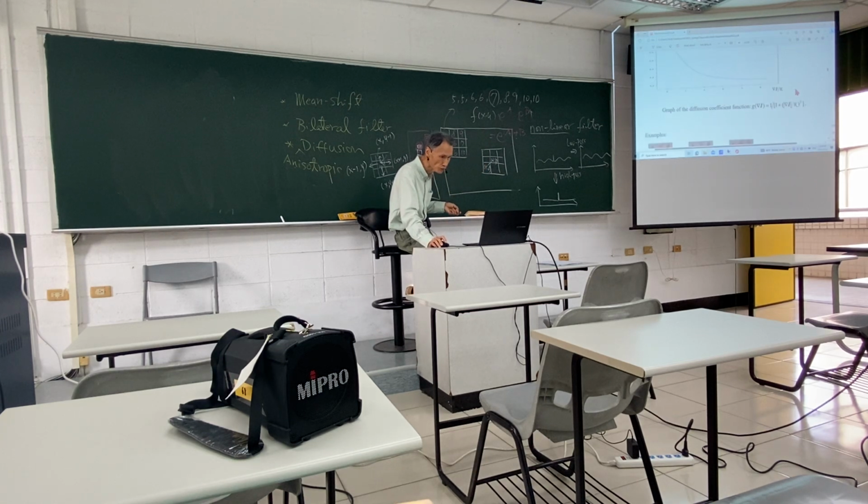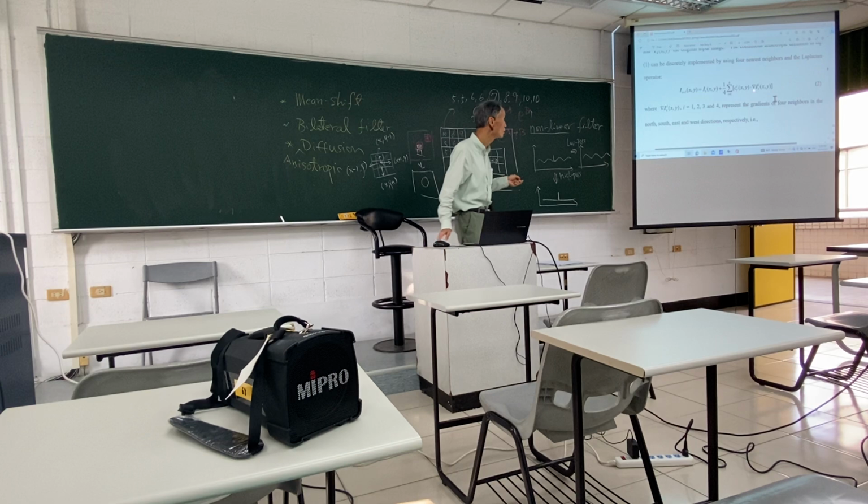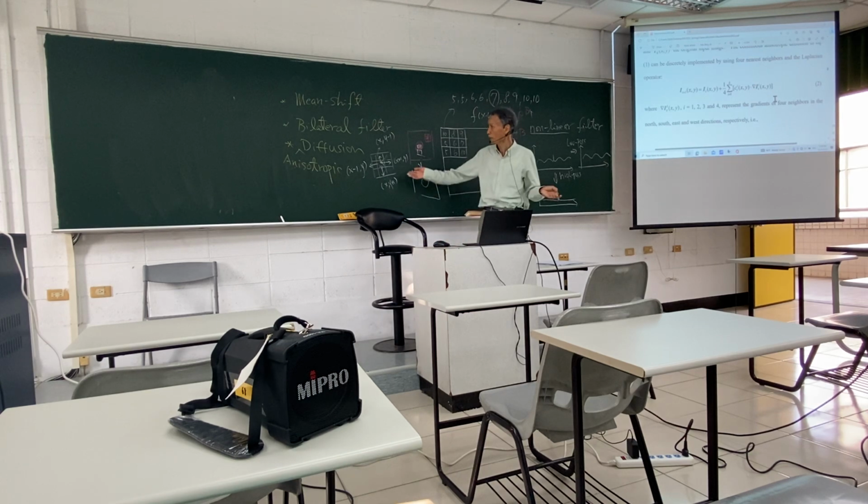Once you have that, we can go back. We calculate the gradient based on the difference in the four directions, and once you have the gradient, you can calculate the corresponding coefficient, and then we take the mean. Let me say it again.